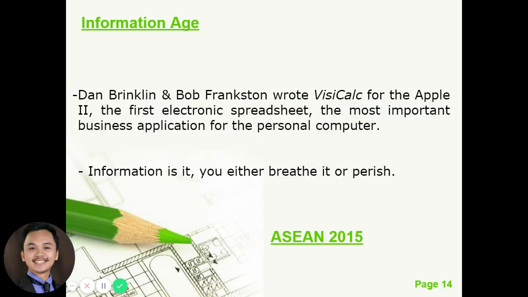So from primitive era to middle era, now let's move to the information era, or it's safe to say that it is the 21st century already, where Dan Bricklin and Bob Frankston wrote VisiCalc for the Apple II, the first electronic spreadsheet, the most important business application for the personal computer.